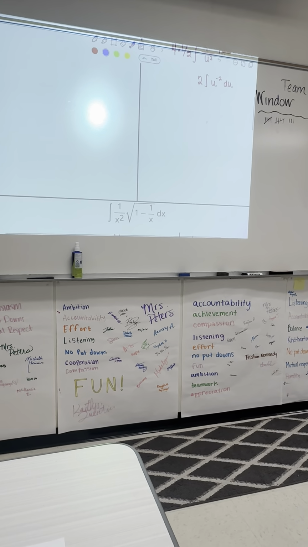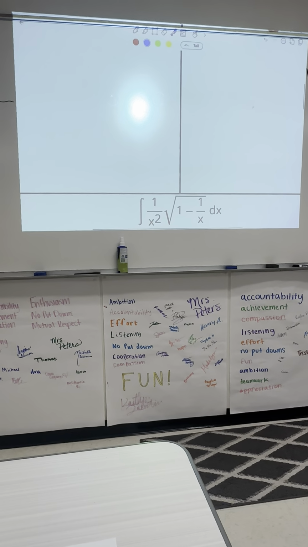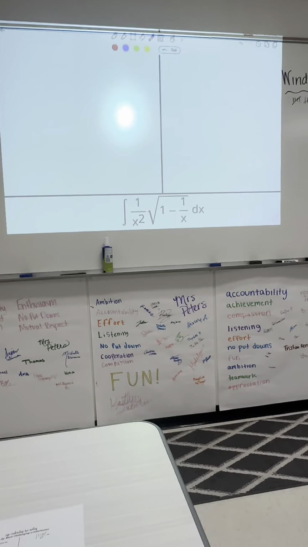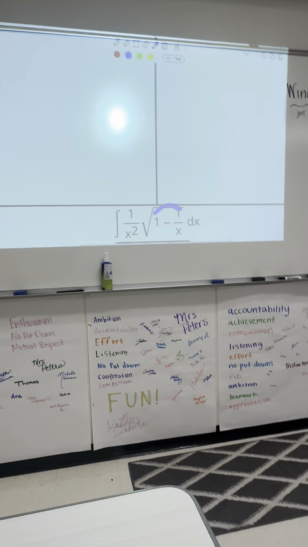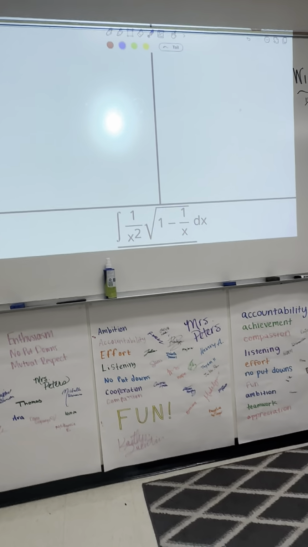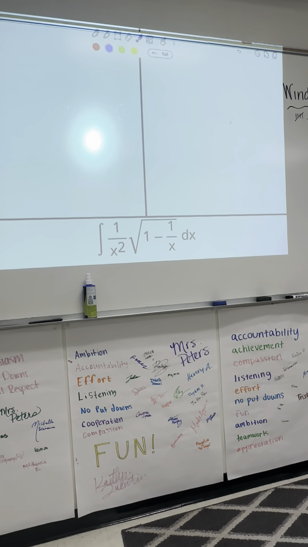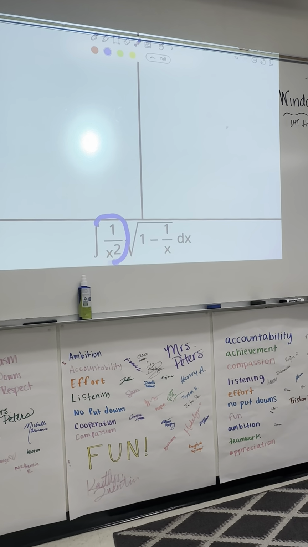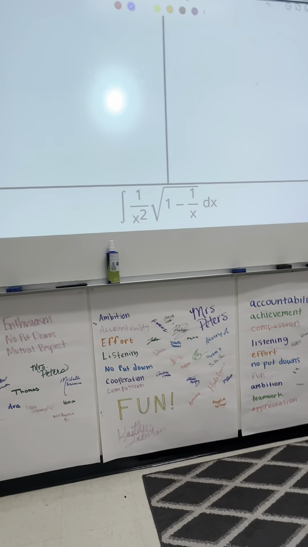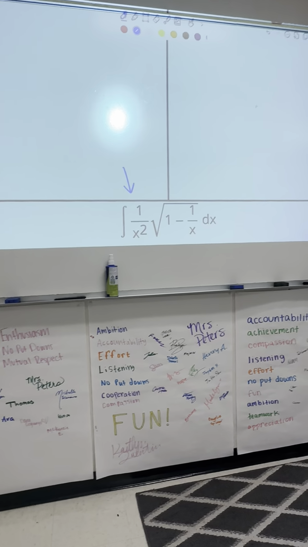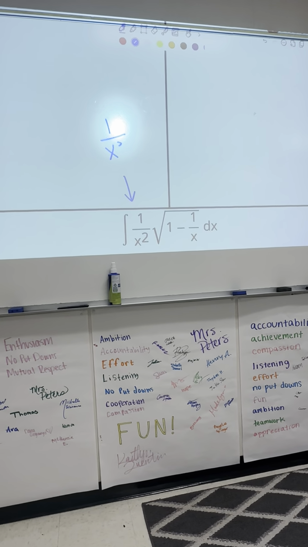What's our u? 1 over x squared. 1 minus 1 over x. Yeah. One of the things that might help you, when you're trying to decide what your u and what your du should be, is to pretend for a second that we made this our u. Then somewhere in my expression, I would need some form of 1 over x cubed in my integrand.